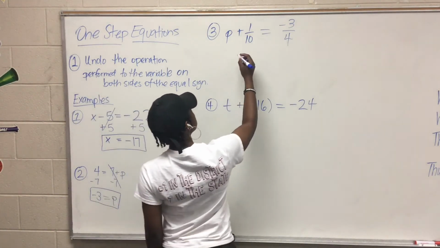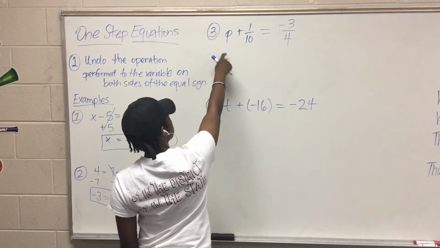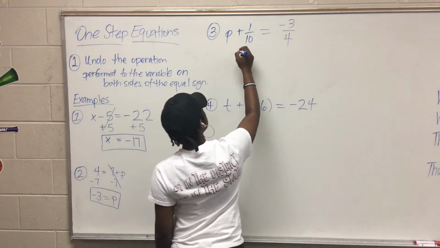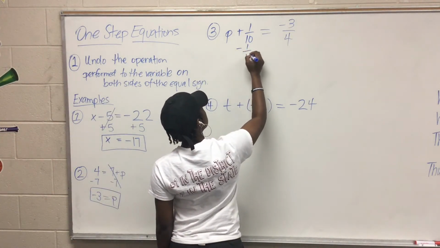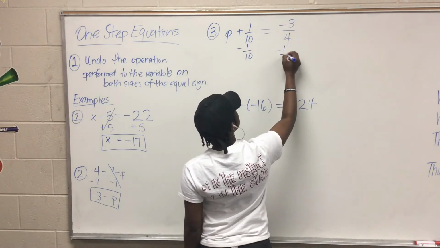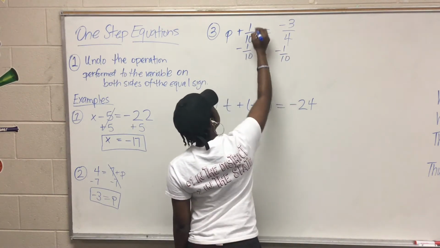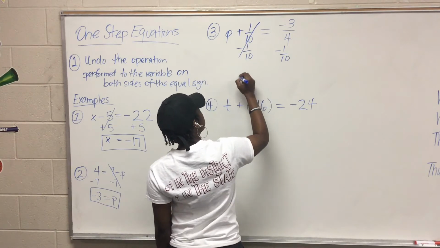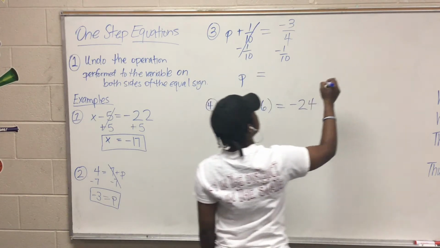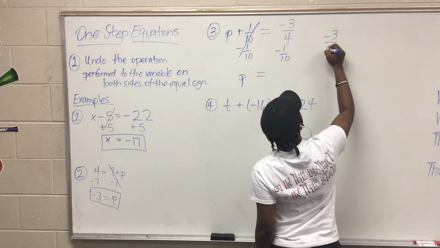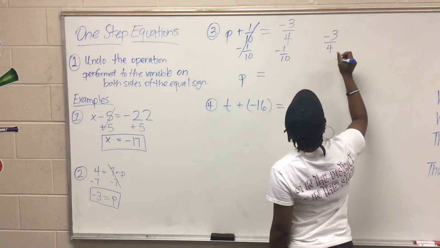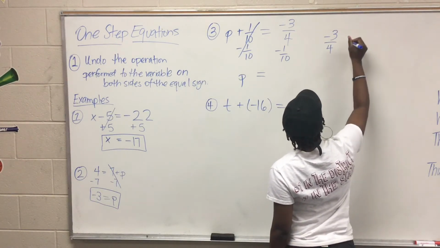I want to do the same thing. What is happening to the variable? They're adding 1/10, so I want to subtract 1/10 on both sides. Here it cancels out, so I'm left with p equals negative 3 over 4 minus 1 over 10.